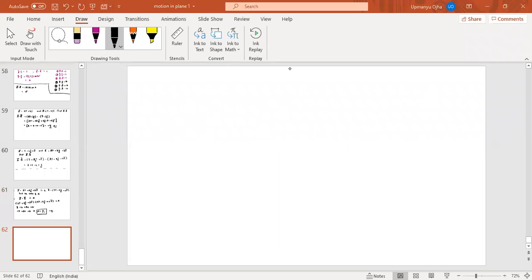Now the application of dot product. The first application is to find the angle between the two vectors.